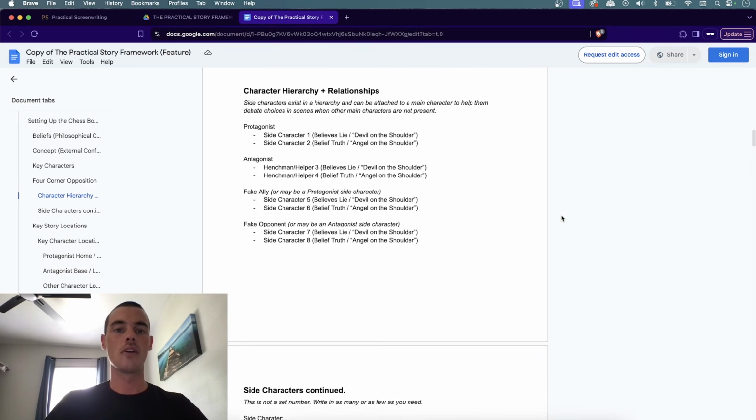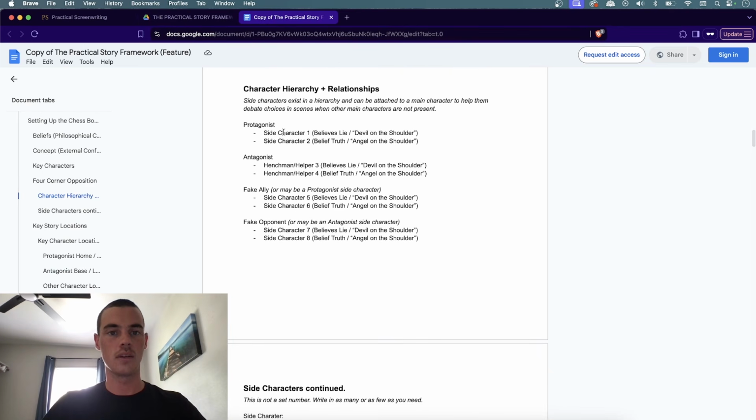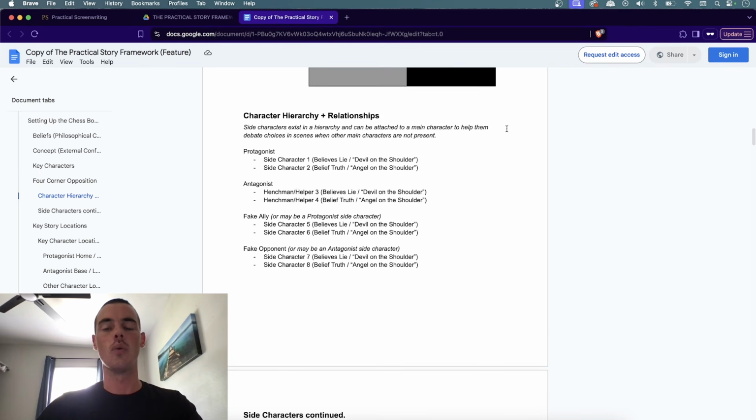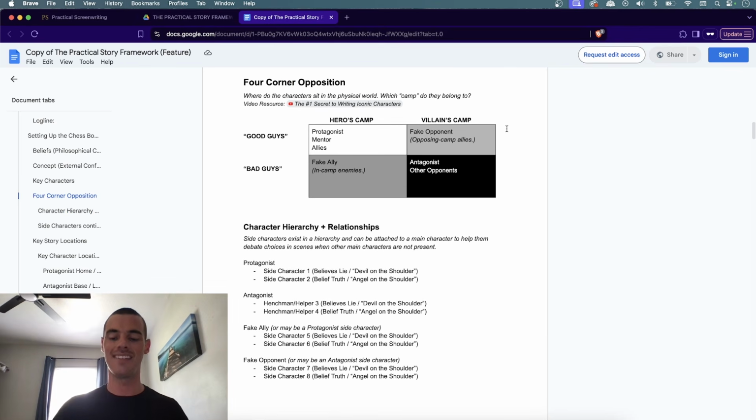Then going into character hierarchy and relationships. So side characters, and really all characters, exist in a hierarchy and can be attached to a main character to help them debate choices in scenes when other main characters are not present. So when you have a cast, let's say, of 15 characters in a story, it doesn't make sense to make all 15 of them main characters, right?